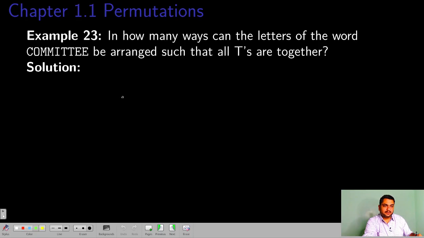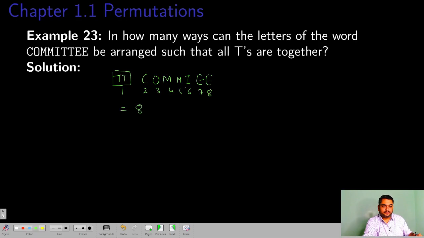Next, how many ways can the letters of the word COMMITTEE be arranged such that all T's are together? So let us put the T's together and consider them as one letter. Then you have C, O, M, M, I, T, E, E, which is 1, 2, 3, 4, 5, 6, 7, 8.